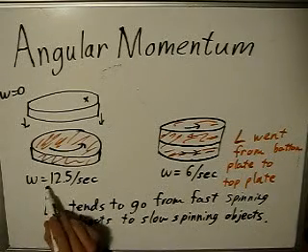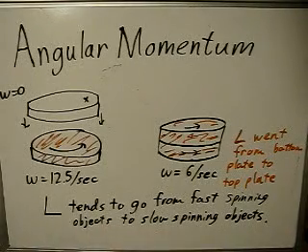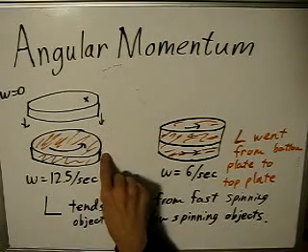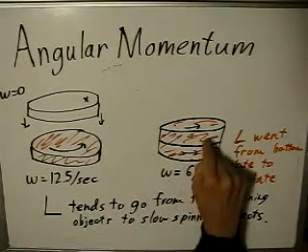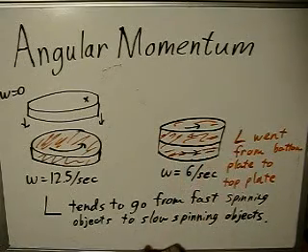So here we have a fast spinning object, and here we have a slow spinning object. And the angular momentum goes from the fast spinning object to the slow spinning one. Afterwards, they're sharing their angular momentum together, and they're rotating together at the same speed.